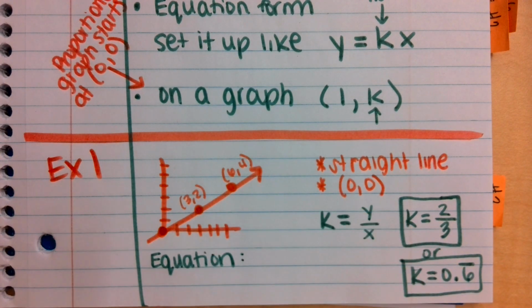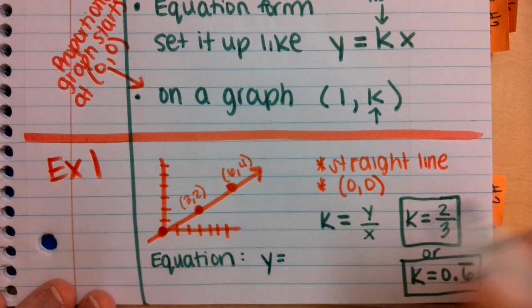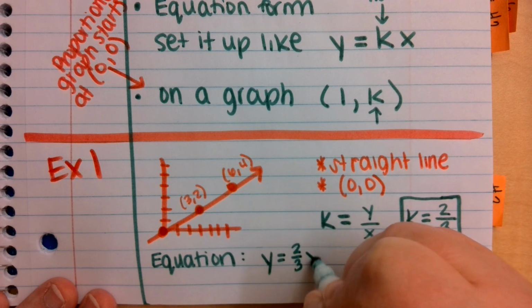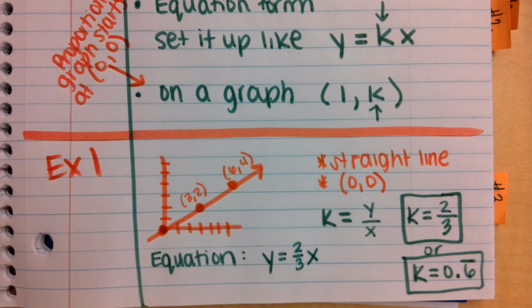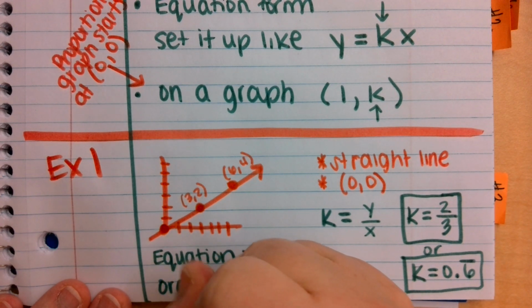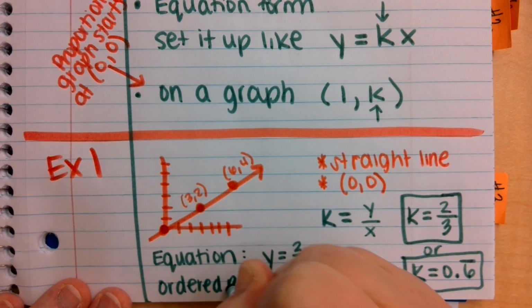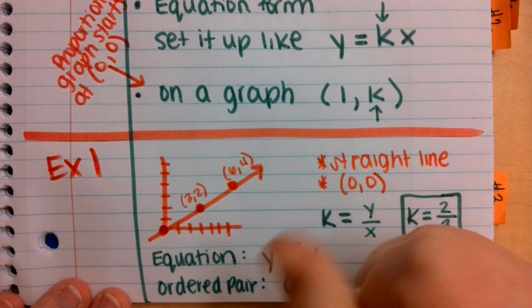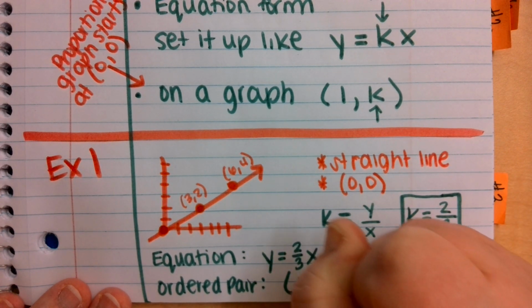So my equation is going to be y equals, my k is 2/3 times x. My ordered pair that shows the constant of proportionality is 1, 2/3.